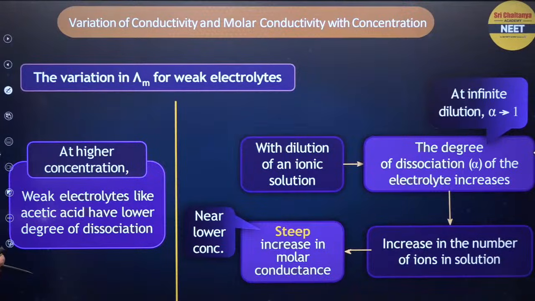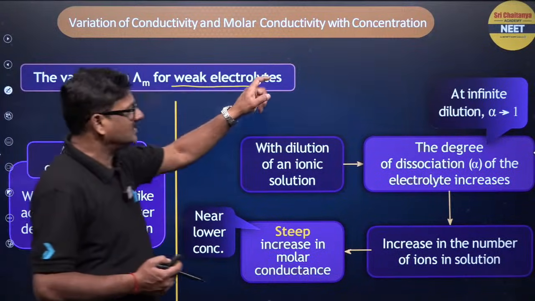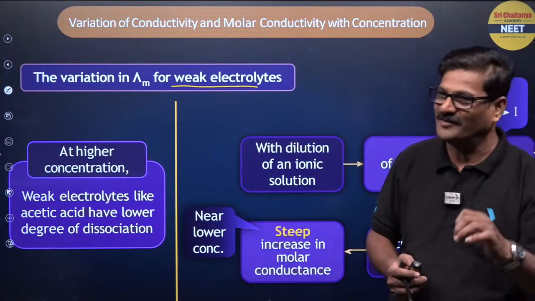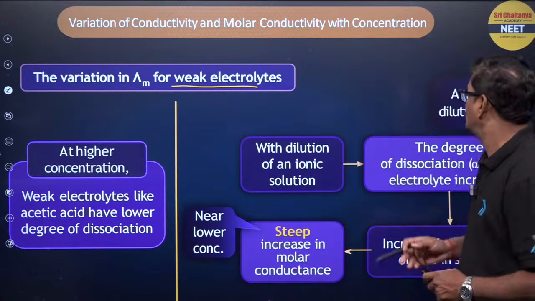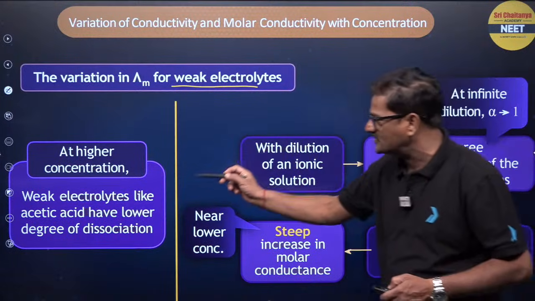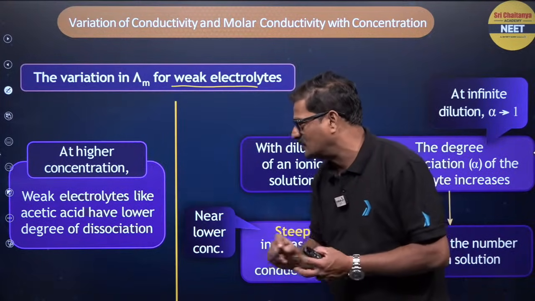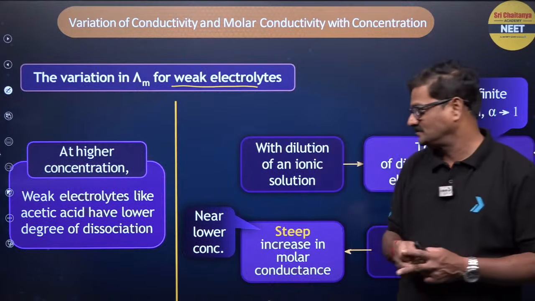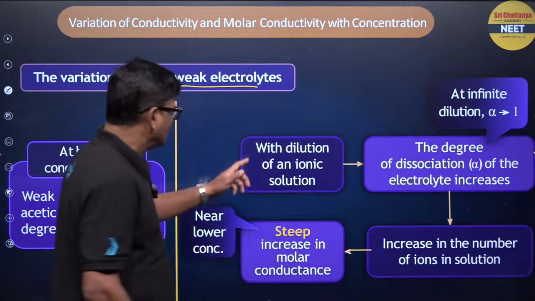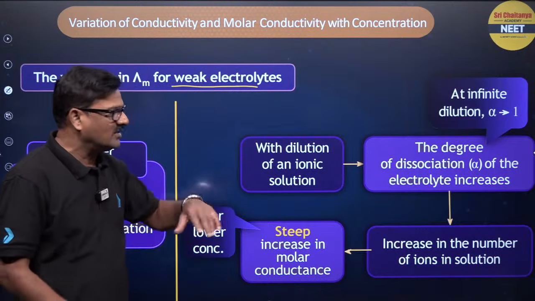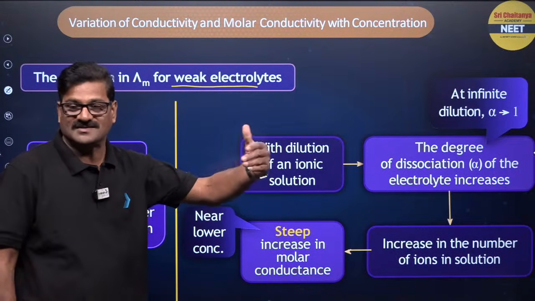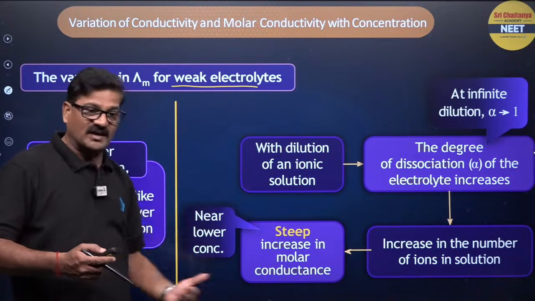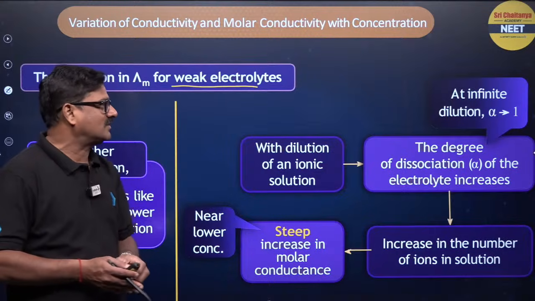Now the variation for the weak electrolyte, that is important. So now Mr. Kohlrausch will come. At higher concentration, weak electrolytes like acetic acid have a lower degree of ionization alpha. With the dilution of the ionic solution, the degree of ionization alpha increases. So the number of ions increases, and there is a sudden increase in the molar conductance.